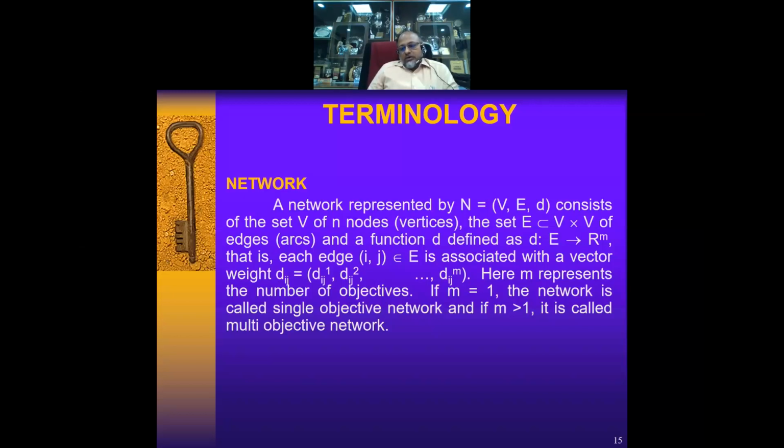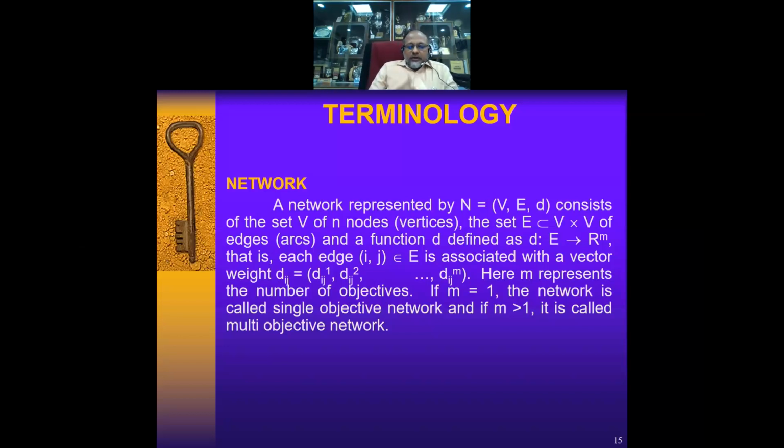For example, I want to travel from one city to another city. I may want to travel with minimum time, with minimum cost, with maximum sophistication without any risk, with reliability. All these things will constitute my objectives.